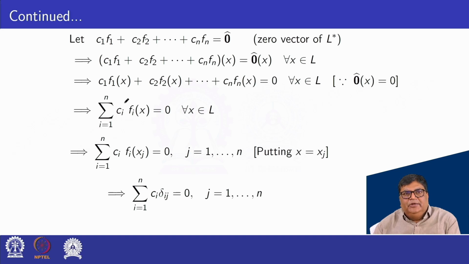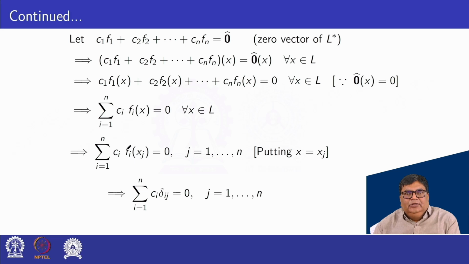That is, summation i equal to 1 to n ci fi(x) is equal to 0. This implies that summation i equal to 1 to n ci fi(xj) is equal to 0, j equal to 1, 2 and so on n, putting here x equal to xj.